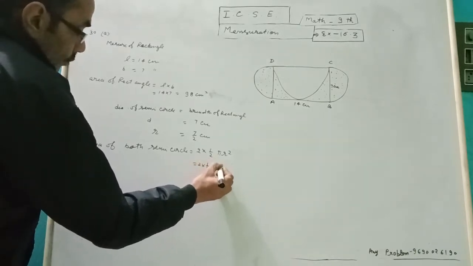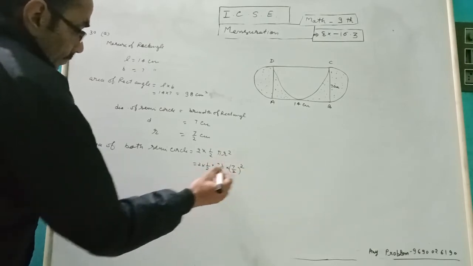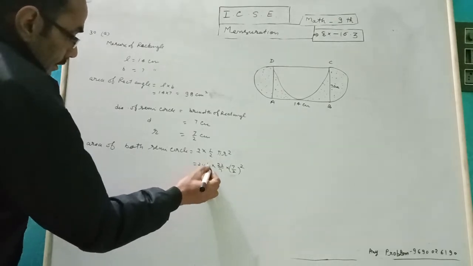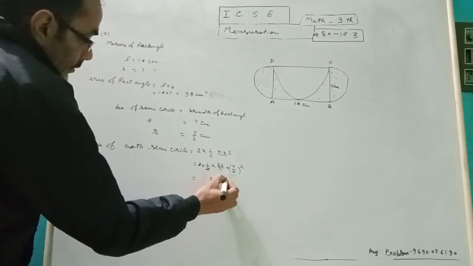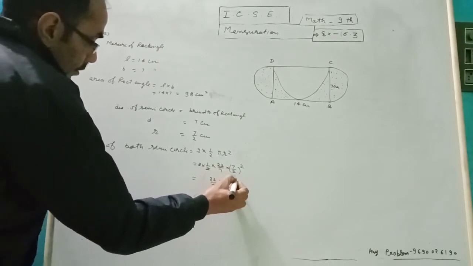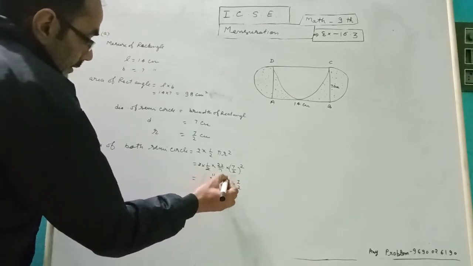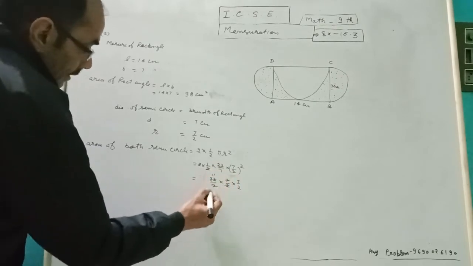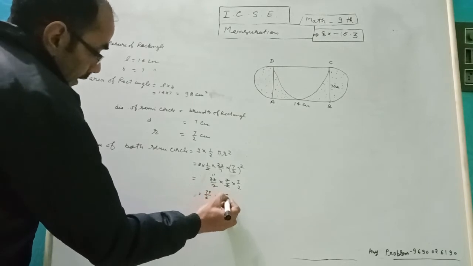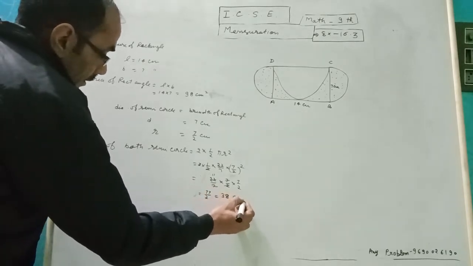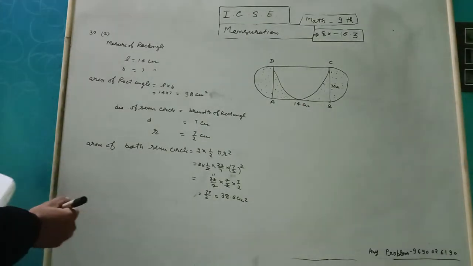Pi value is 22 upon 7, r value is 7 upon 2. 2 divided by 2, 22 upon 7 into 7 upon 2 into 7 upon 2, which is 77 upon 2, 38.5 cm square. That is both semicircle part.